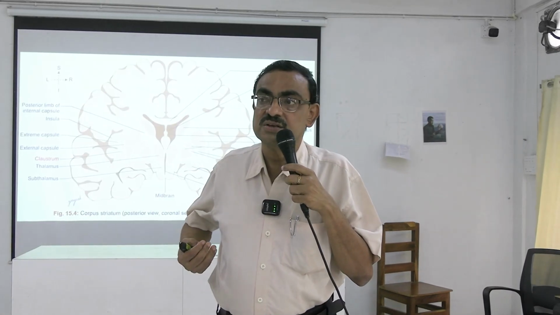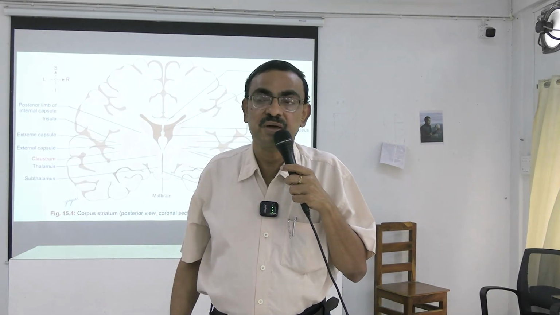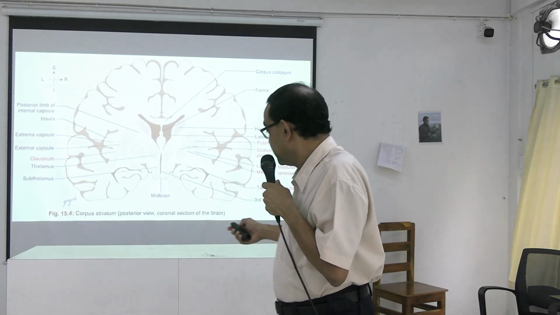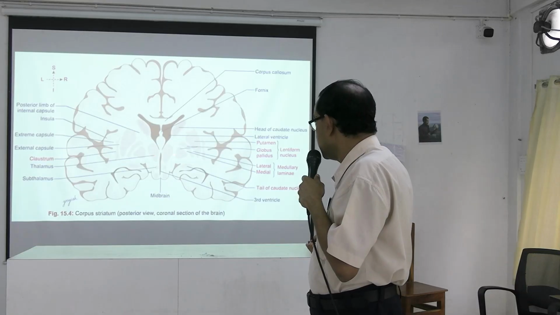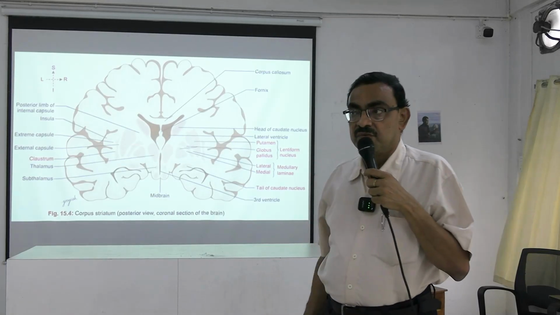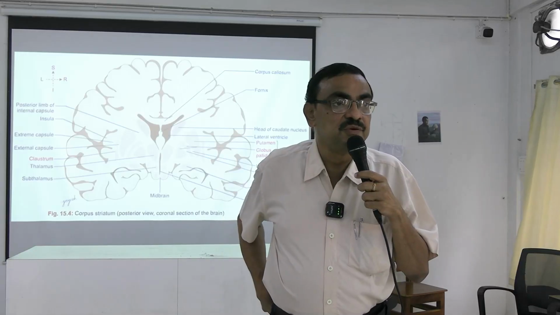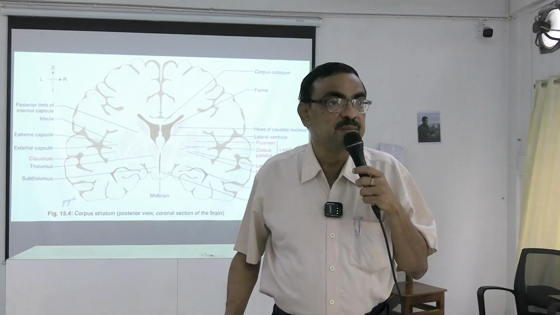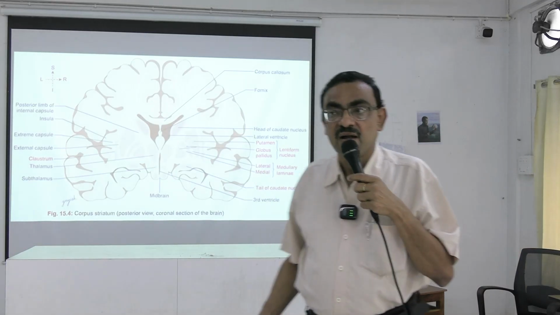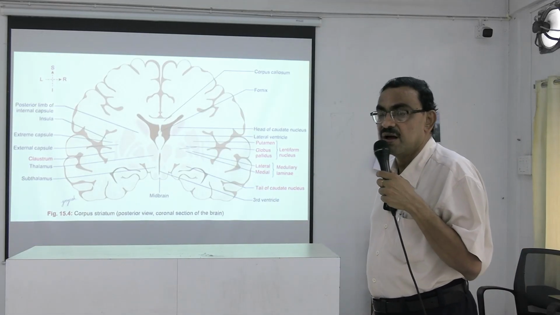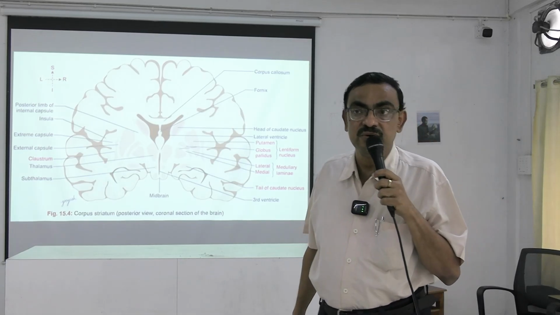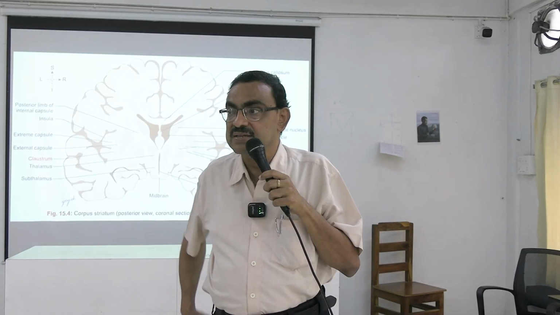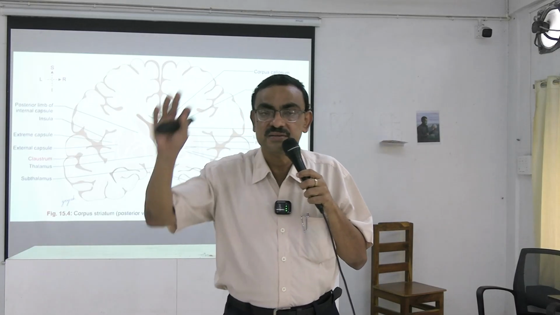All the senses of the body, except the sense from the face, the facial region, come to this area. That means from the dorsal column or from the spinothalamic tract. We definitely have some idea about the dorsal column nuclei, nucleus gracilis and nucleus cuneatus.